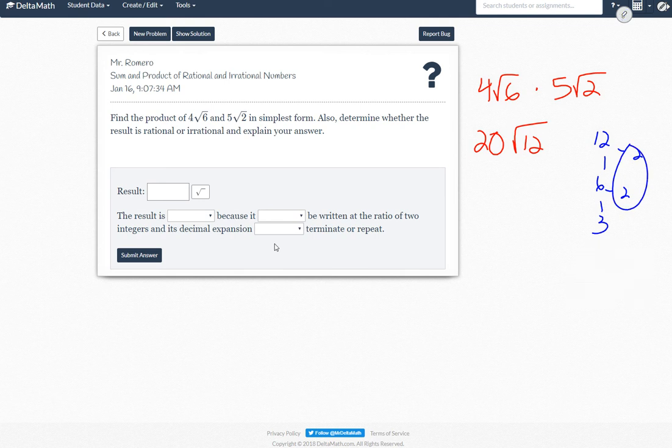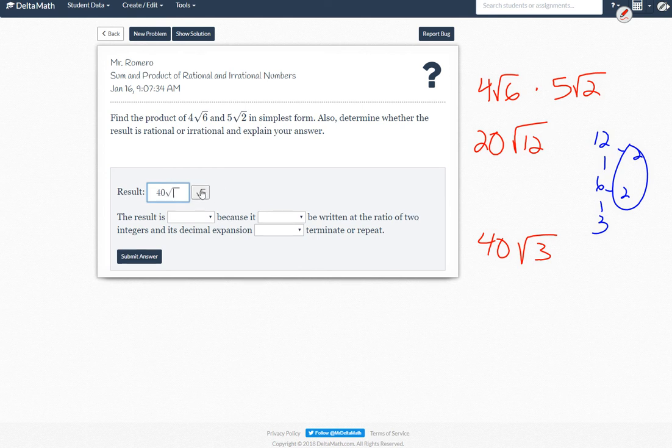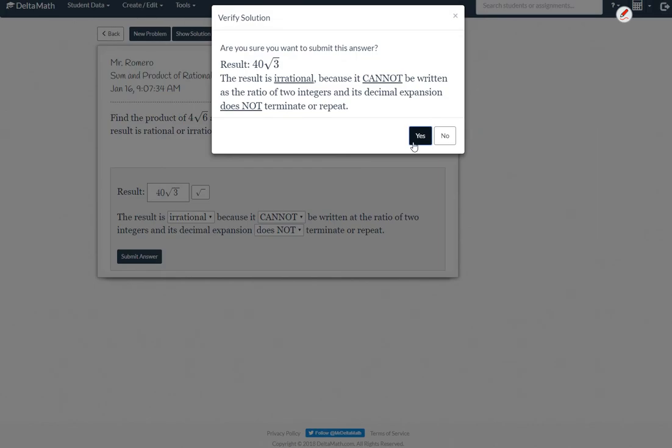Jocelyn, if I bring out an extra 2 and I already have a 20 on the outside, what's 2 times 20? 22? No, it's not 22. 40. Thanks, Xavier. Welcome back. So my result is 40 square root of 3. Is this rational or irrational? Irrational, cannot, does not. For sure.